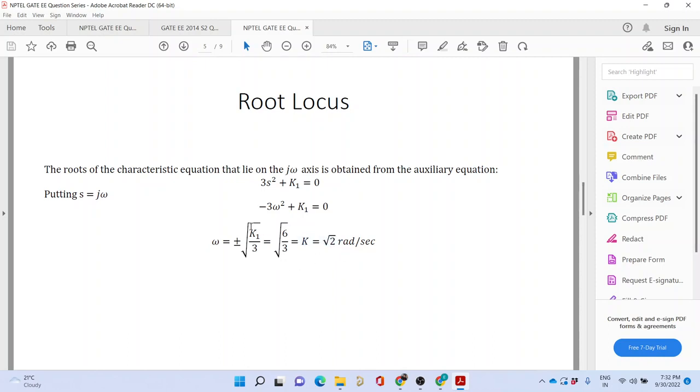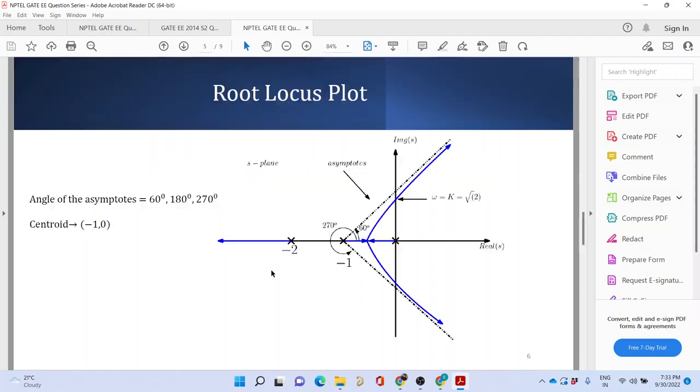Now we note that k1 has to be greater than 0, because otherwise the root of this negative quantity will not exist. So k1 has to be greater than 0. This is something we have to keep in mind. Having said that, let us see how the root locus plot would look.